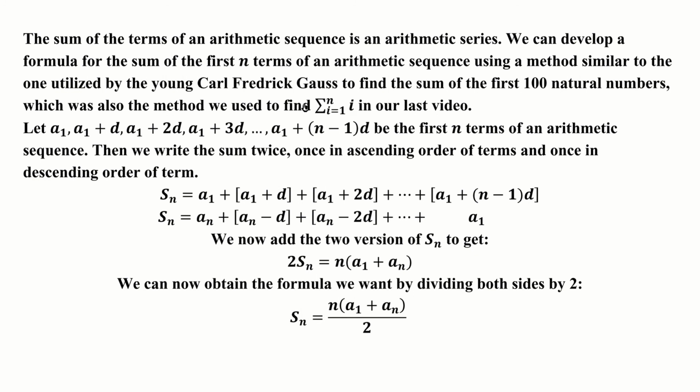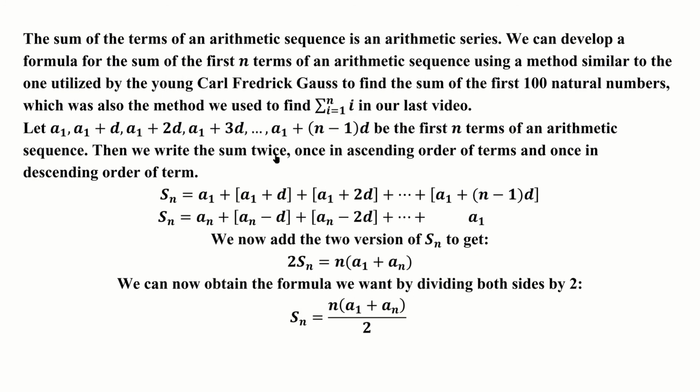We can develop a formula for the sum of the first n terms of an arithmetic sequence using a method similar to the one utilized by the young Carl Friedrich Gauss when his teacher asked him to find the sum of the first 100 numbers to keep the class busy, which was of course also the method that we used to find the formula for the sum from i equals 1 to n of i in our last video. So what we do is we let a1 plus d, a1 plus 2d, etc., all the way up to the nth term, a1 plus quantity n minus 1 times d, be the first n terms of an arithmetic sequence, okay?